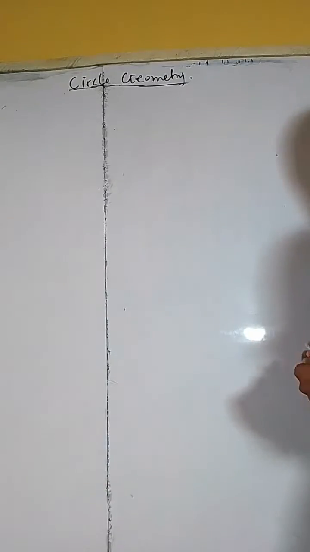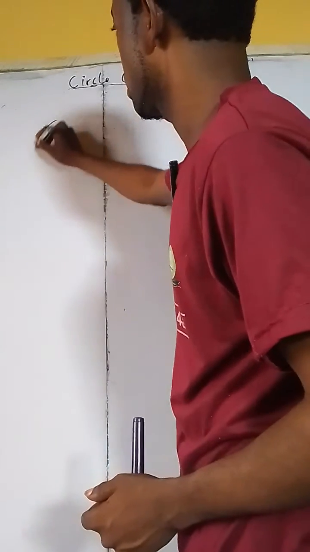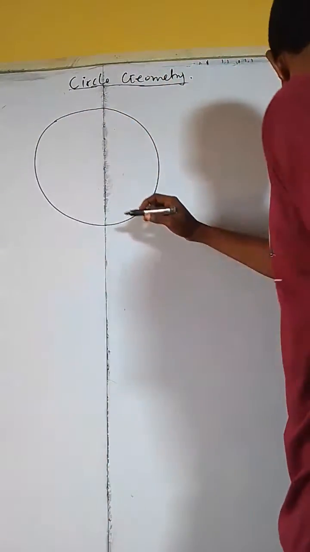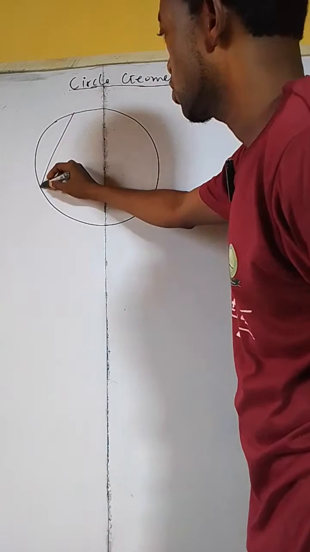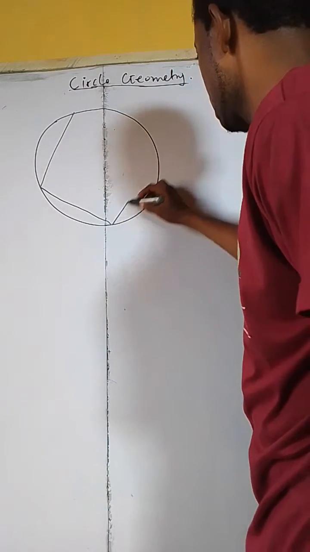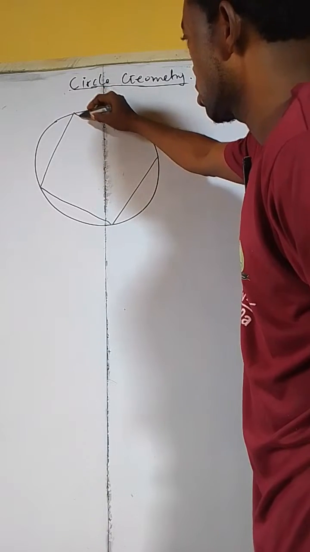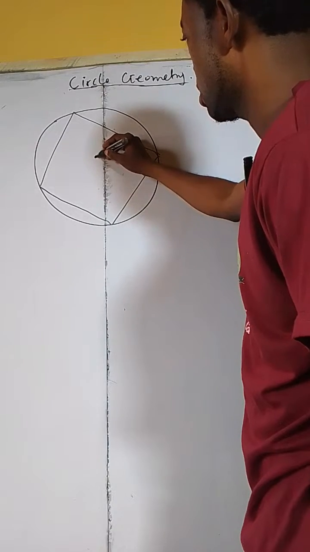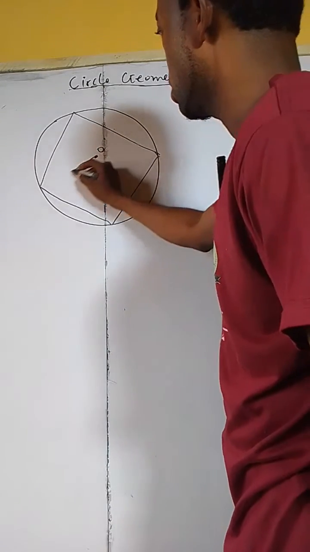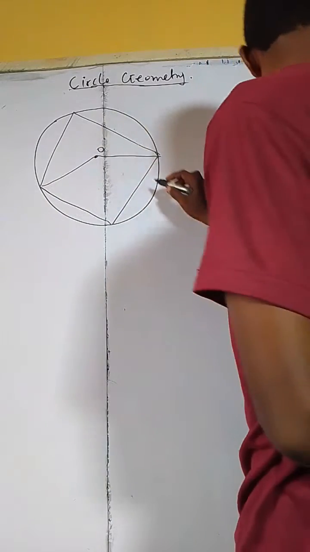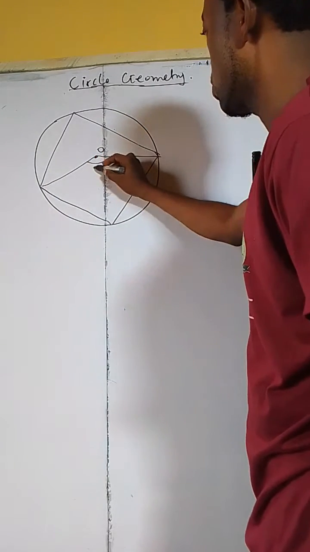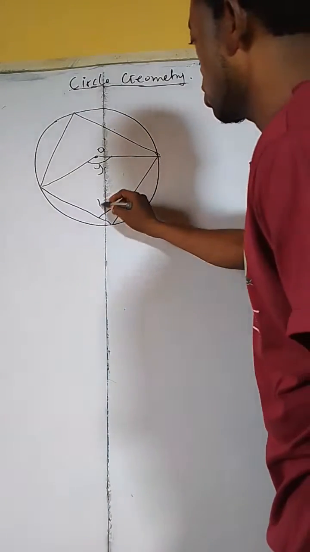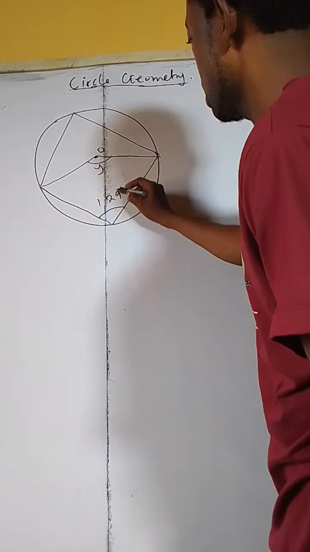So we are given this circle, and we have a cyclic quadrilateral here, which is in this format. And we are given the center, and this line joined to this place joined to this. So this angle here is given as y, and this angle here is given as 129 degrees.